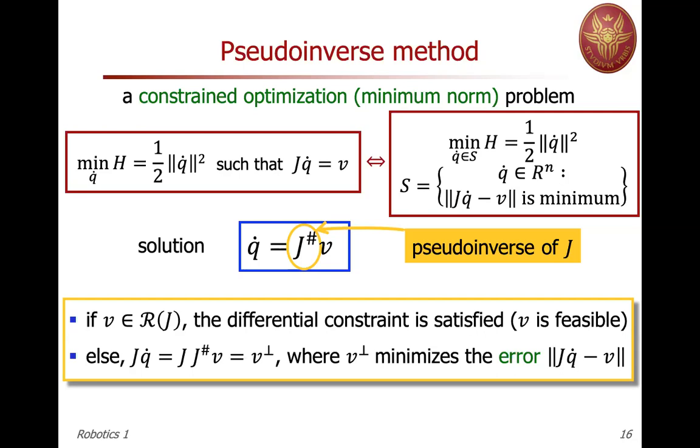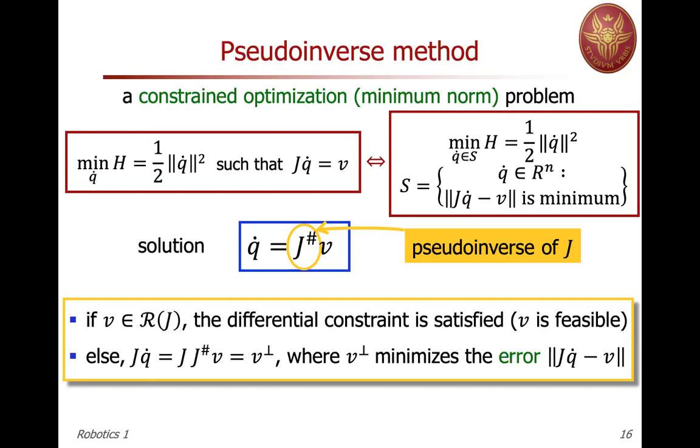So if V belongs to the range, then we can satisfy the constraint J q dot equal to V because V is feasible. So this solution will generate the desired task velocity V. Otherwise, if V does not belong to the range of J, there's no way of choosing q dot that will guarantee this. So we have to accept some error.